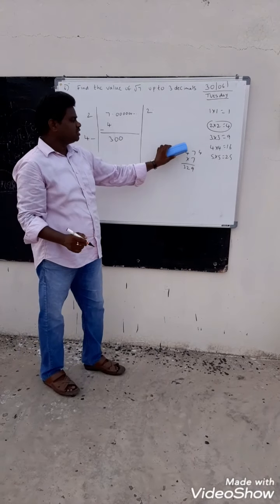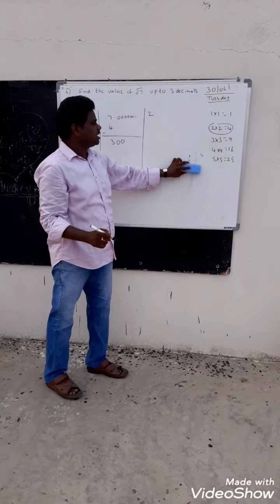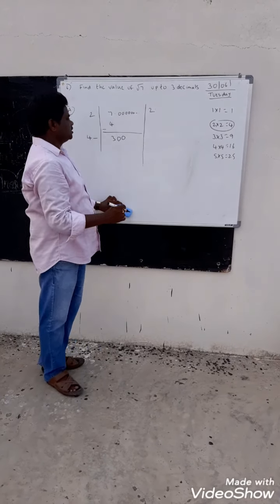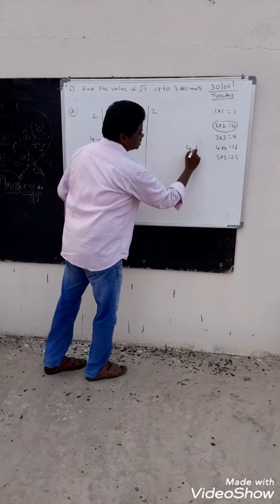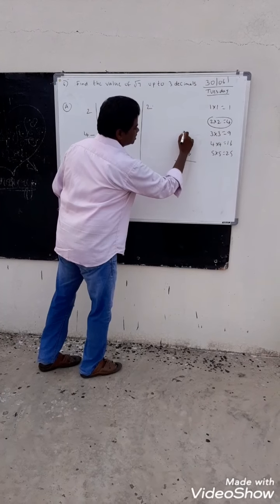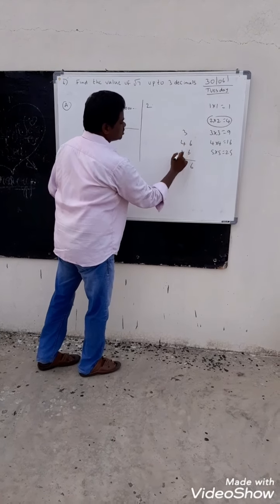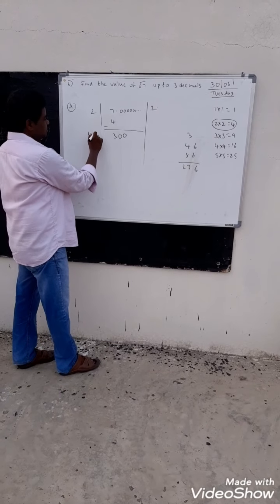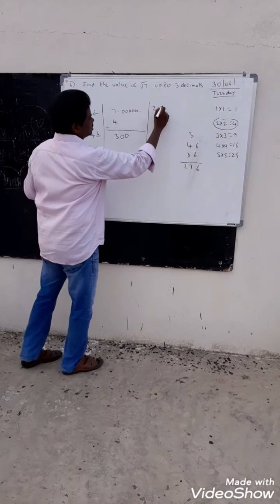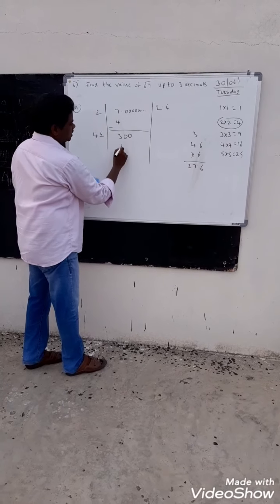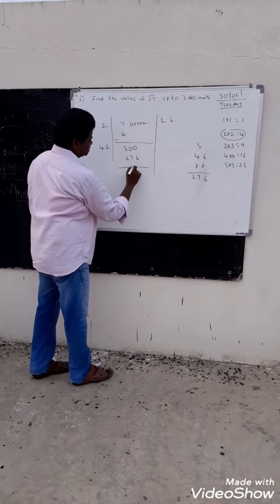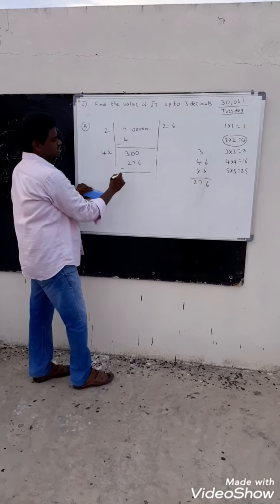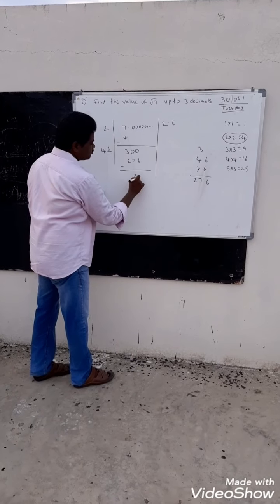That is, 7 is going to be bigger. So that's why you have to keep 6 here. That means 46 into 6. 6 sixes are 36, 6 fours are 24, 24 plus 3, 276. That means you have to keep 6 here and also 6 here. That will become 276. If you do subtraction, 300 minus 276, 24.